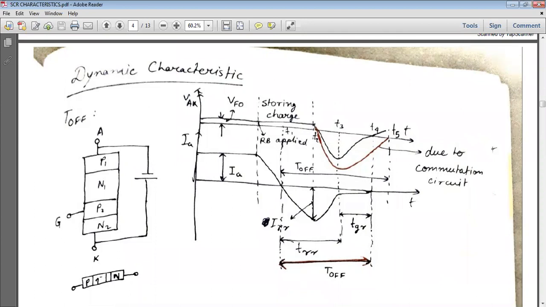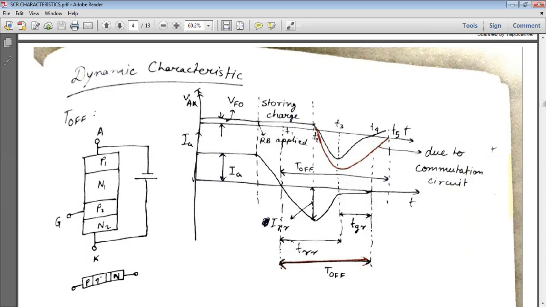After T4, the device enters into forward blocking state. So before T1, T4, J1, J2, J3 are in on state, since the device is still carrying current. They are forward biased. After T4, J1, J3 are forward biased, and J2 is reverse biased, or forward blocking state.